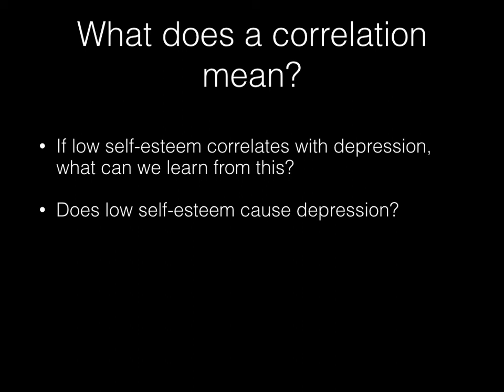Does low self-esteem cause depression? It could, but what we learn from a correlation is that low self-esteem is linked, is related to depression. Sure, low self-esteem could cause depression. If you don't feel good about yourself, that could make you more likely to be depressed.